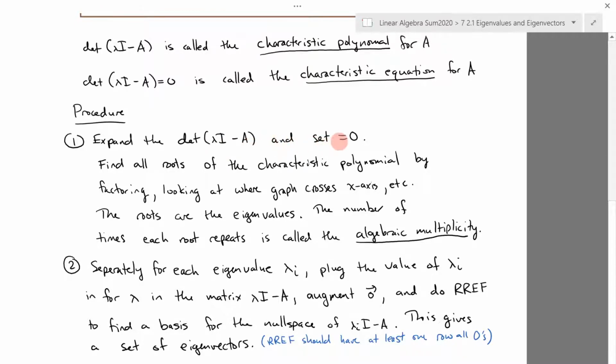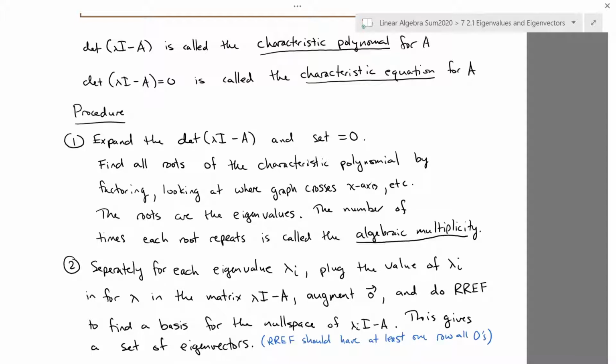Then you set it equal to 0, and you find all roots of the characteristic polynomial by factoring or using the quadratic formula, or by looking at the graph and seeing where it crosses the x-axis, or some other method to find all the roots. And then the roots of the characteristic polynomial are going to be your eigenvalues.